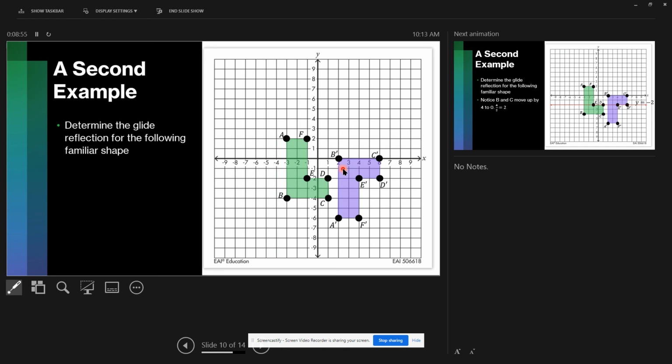Like B and C move up. So we want to look at B and C move up from 4 to 0, and 4 divided by 2 is 2. So B and C move up from here, 1, 2, 3, 4. Divide that by 2, we have 2. So we go back by that 2. So we decrease it, so we have y is equal to -2 as our line of reflection.